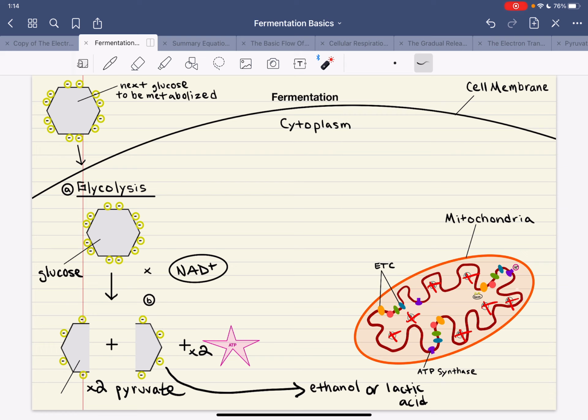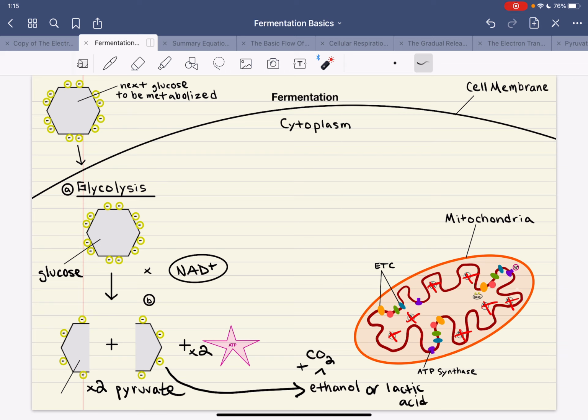And if you were doing alcoholic fermentation, where you're producing alcohol, ethanol, another byproduct of that is CO2. So again, these are 2 different types. You either produce alcohol and CO2 or just lactic acid.